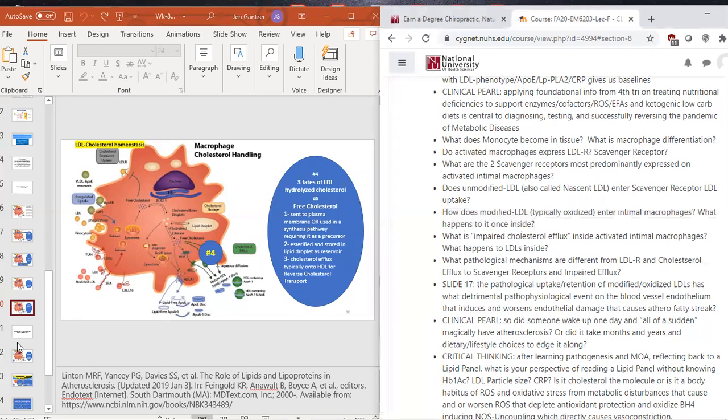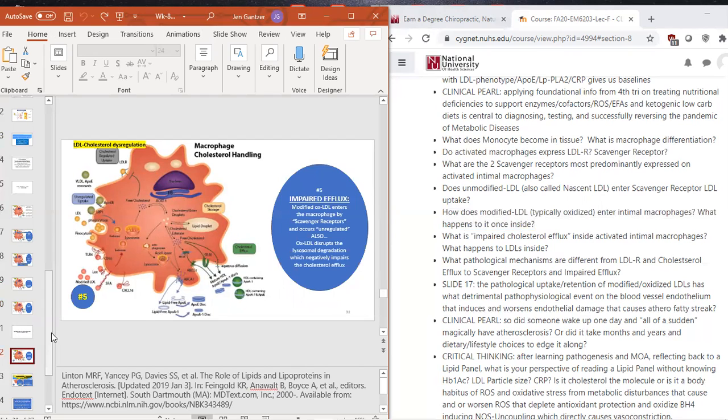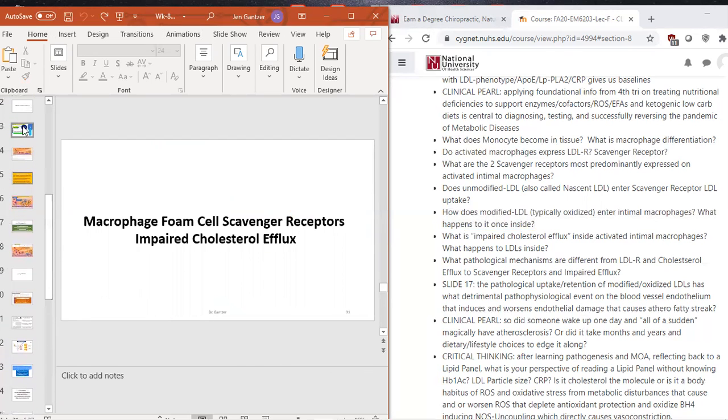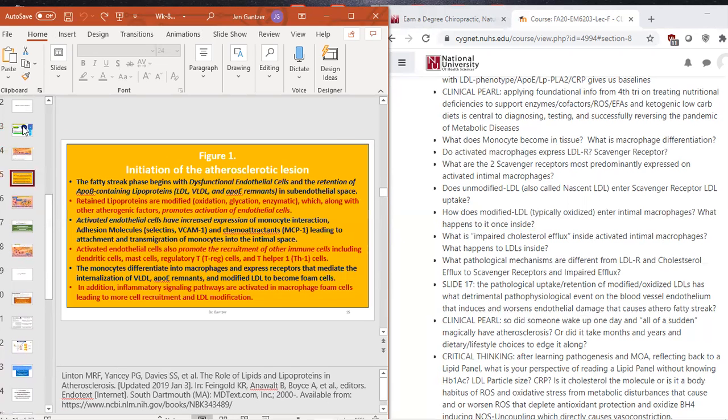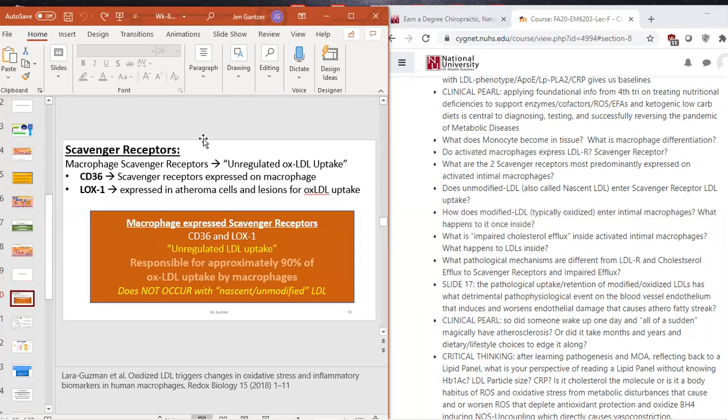Okay, so what is the scavenger receptor then? A scavenger receptor is going to be this aberrant pathological expression of scavenger receptors. So what is a scavenger receptor? There's two of them that you have to know. The two that you have to know are going to be your CD36 and your LOX1.